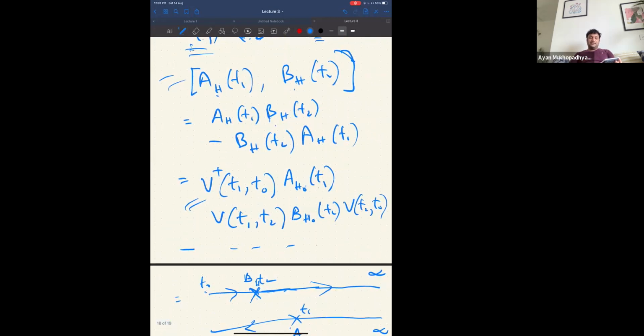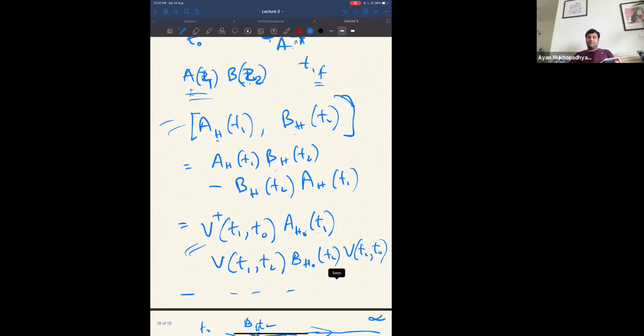The main point is that we want to compute everything in the Heisenberg representation with respect to some Hamiltonian H, because as I said, in quantum field theory, everything is nothing but operator algebra. You don't talk about states, you only talk about operator algebra.